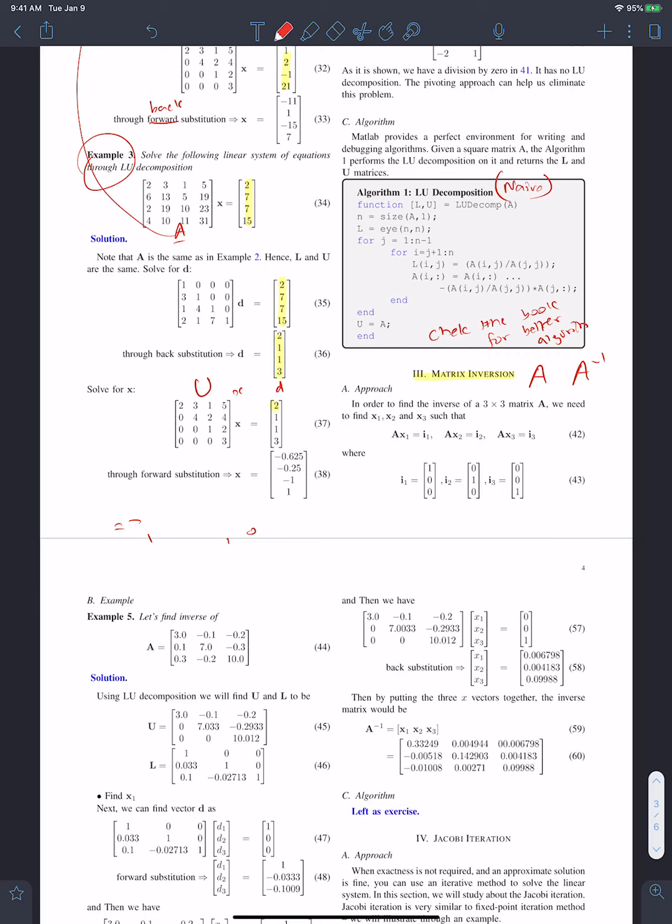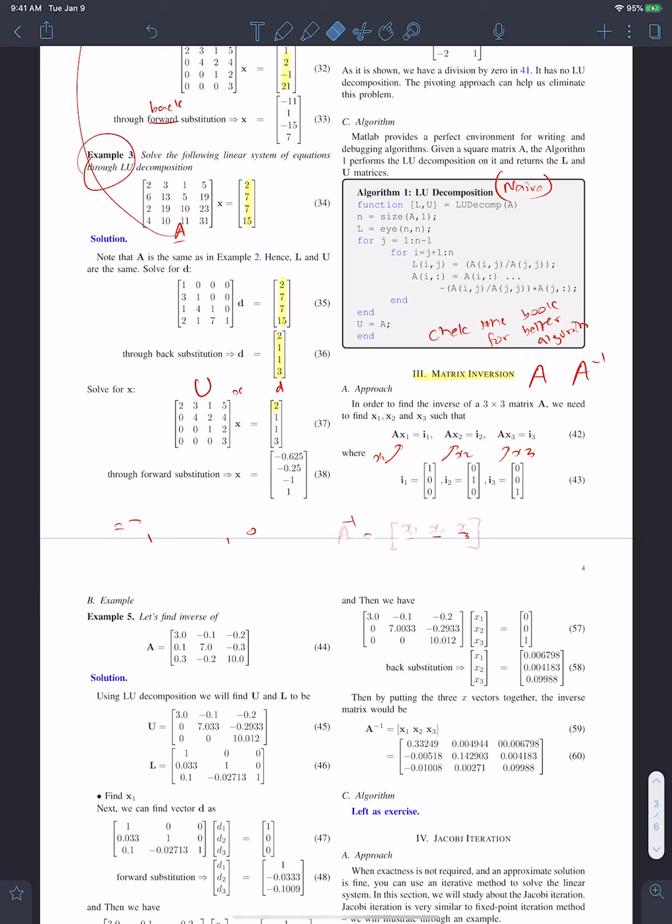We will solve for this X1, this X2, and this X3, and A inverse is basically X1, X2, X3. That's it. So how to solve for X1, X2, and X3? We can use LU decomposition.